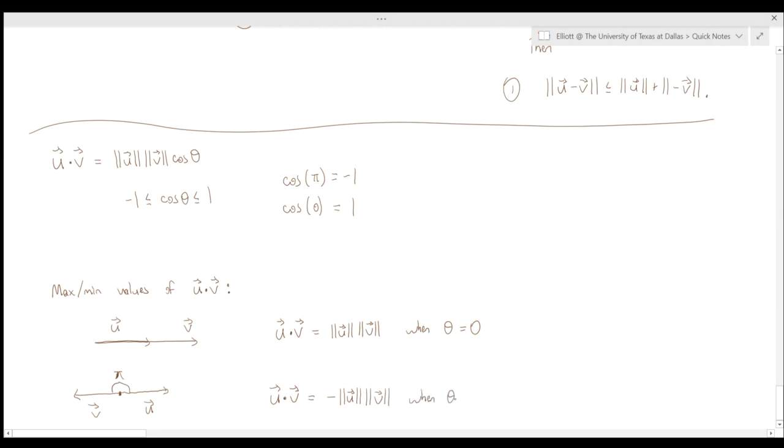So this happens when the angle between them is pi. And this will give you the largest and smallest possible values of u dot v, depending on the angle between them.